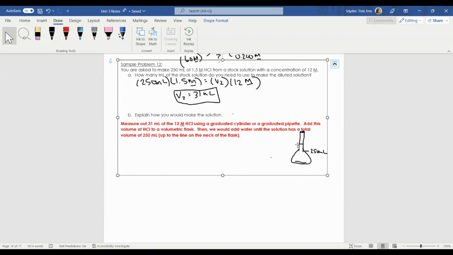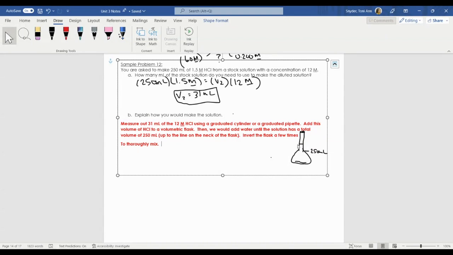Now, sometimes when you add this, we want to mix it. So I'm actually going to add to this: invert the flask a few times to thoroughly mix. You might see, because of intermolecular forces, hydrochloric acid and water like one another, so they will hydrogen bond. So let's say you added the 250 milliliters of water and it was right on the line.